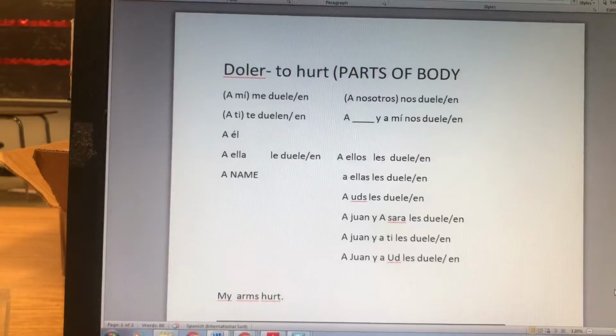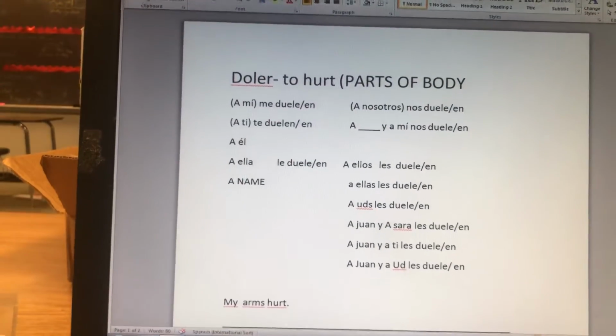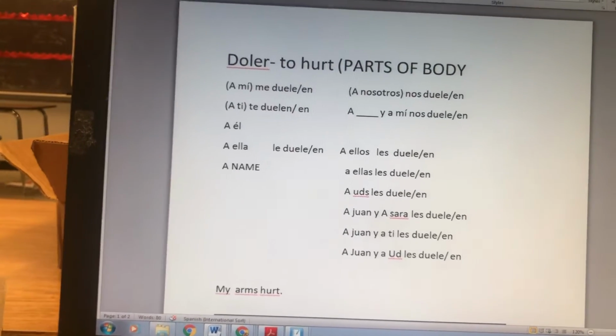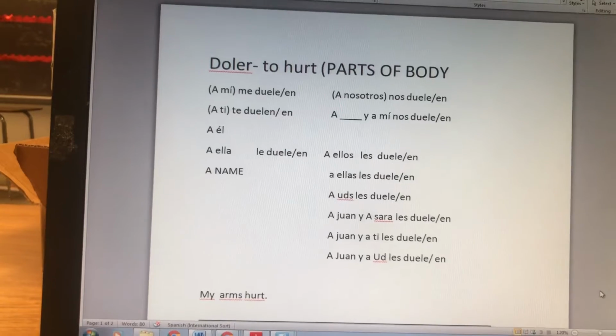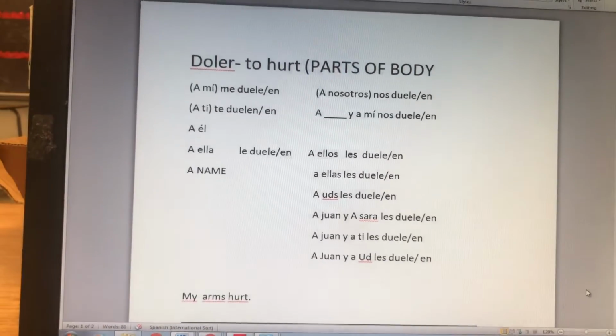So I really want you to not worry about all of those verbs, but instead focus on doler. I'm going to change the homeworks that I give out to focus on doler as well. Doler and gustar, obviously, because gustar is a review.